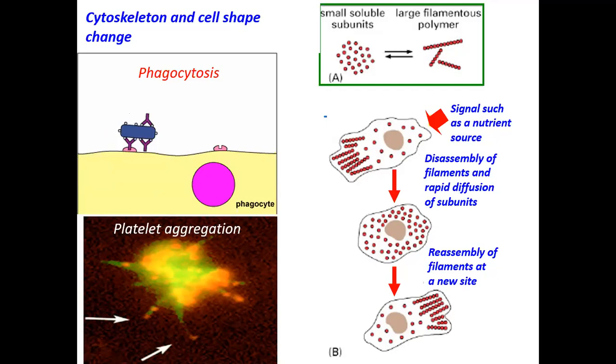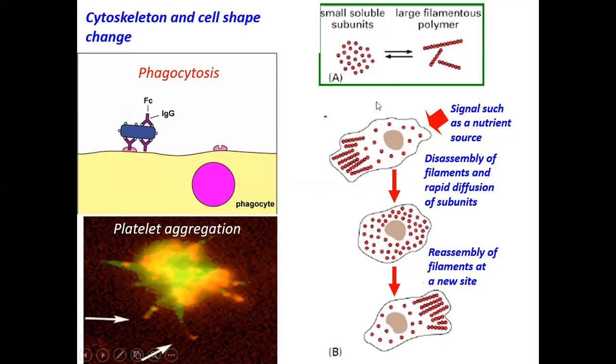Or else, for example, actin filaments, which are also called microfilaments, are one of the cytoskeleton. They can be in two forms: soluble subunits and large filamentous polymers. Right? What will happen when you have a cell? You can see the cursor, your nutrient is on this side. Understand? So what happened?